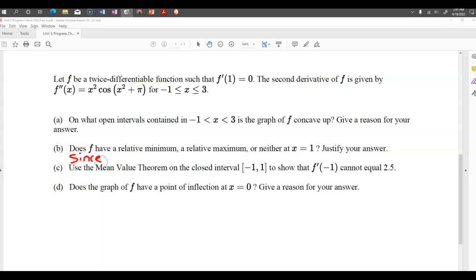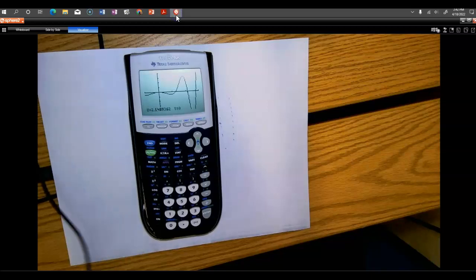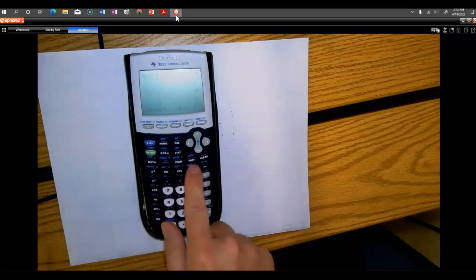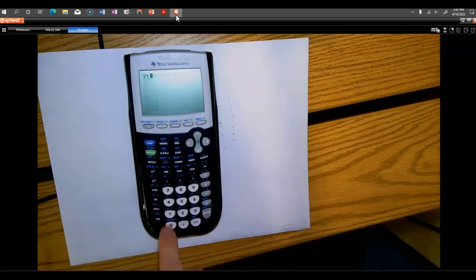So we'll say since f prime of 1 equals 0, x equals 1 is a critical value. And since f double prime of 1 equals, and now let's figure out what that is really quick. So let's go back to our calculator and type this in. I'm going to go back to the home page here, and I'm going to bring up the second derivative function, and we're going to plug in 1.